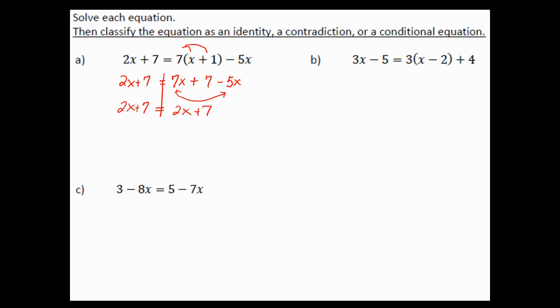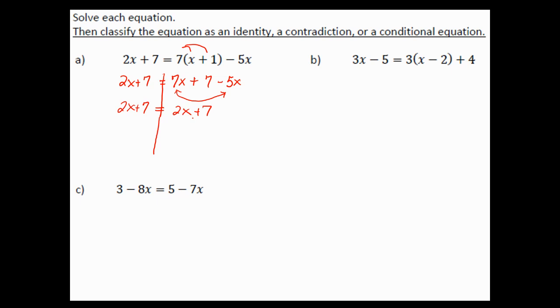So right here, you can stop your work if you notice that the left side and the right side are exactly the same. Only if they're exactly the same. So we already know right now that this would be an identity. It's like example 1 on the chart above in your notes.